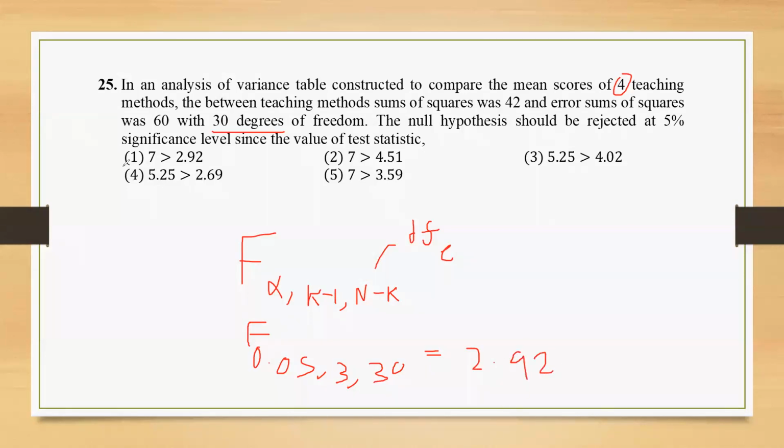That's it. So you can find the first one is the correct answer. You can't look at anything regarding the test statistic. Only you need to consider the table value.